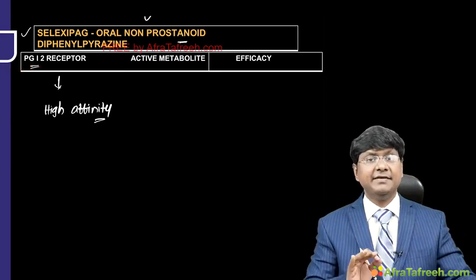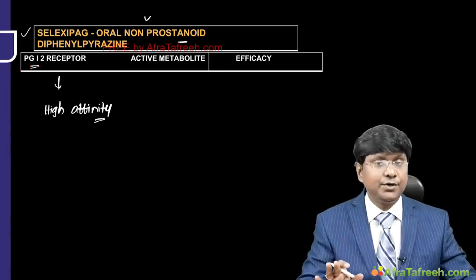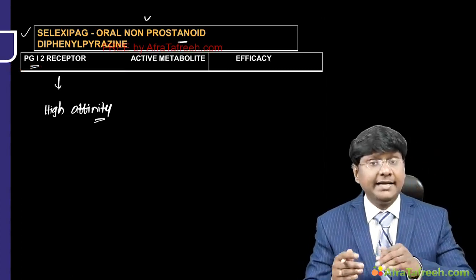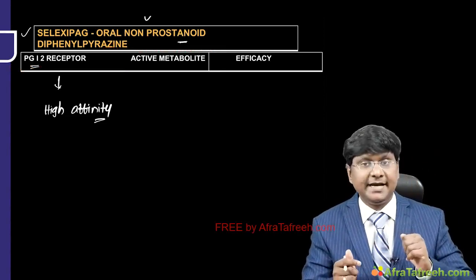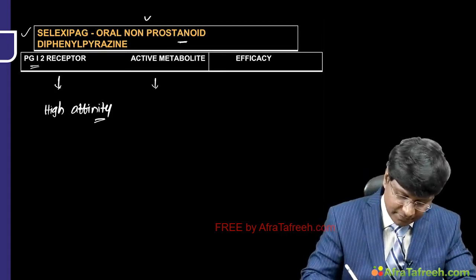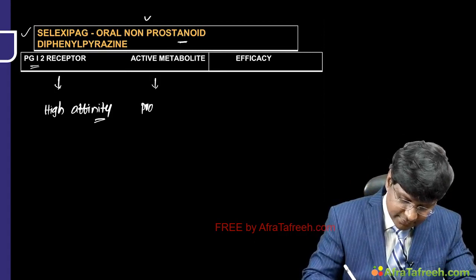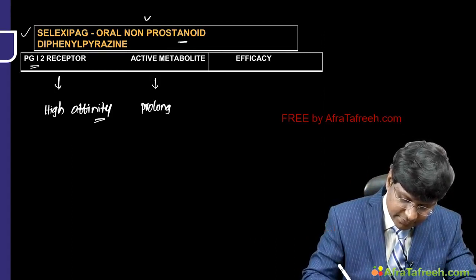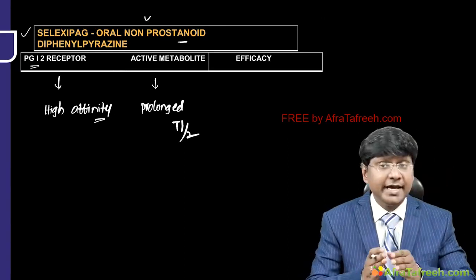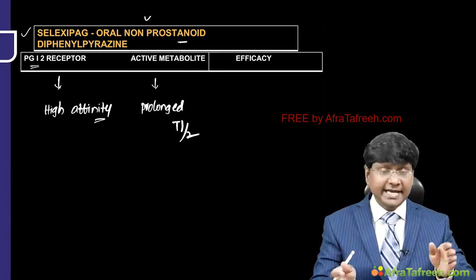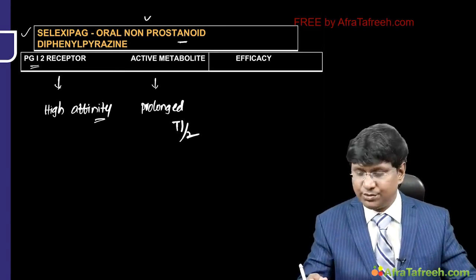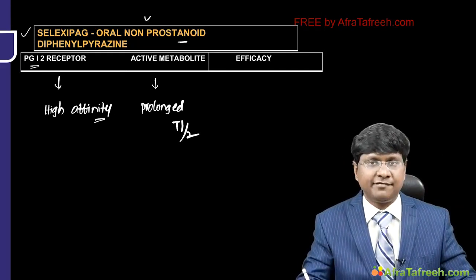Now, the active metabolite of selexipag has a prolonged half-life in comparison to the prostanoid analogs. See, prostanoid analogs, like epoprostenol, have a half-life of 6 minutes.